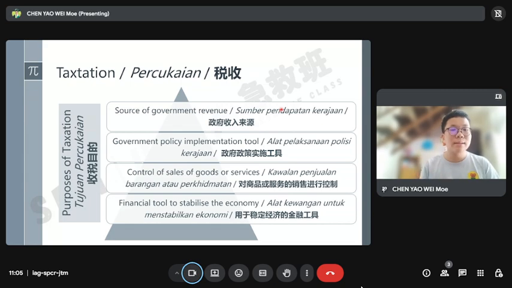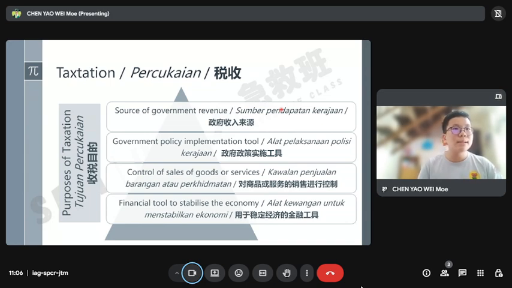But the problem is sometimes there are people who are very, I may say, dumb, I don't know how to say the word. They will do the taxation in their own mood, in their own feelings. So in our country, our taxation was agreed by parliament.